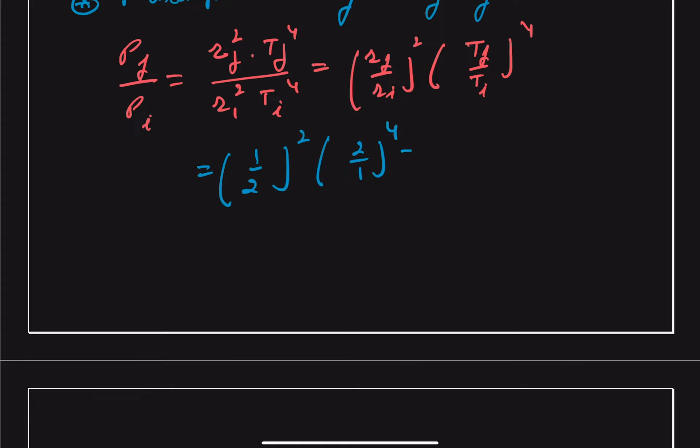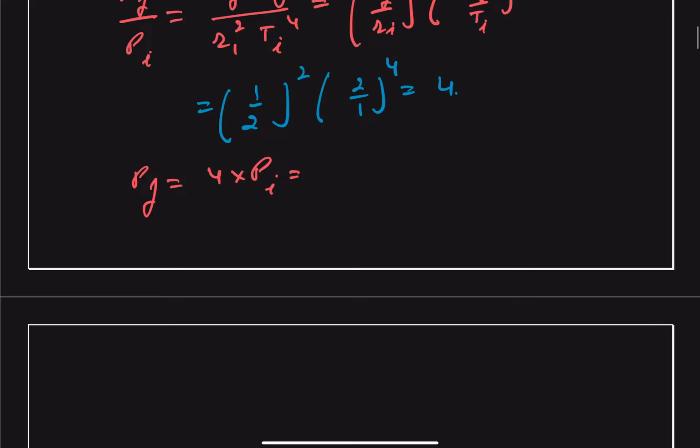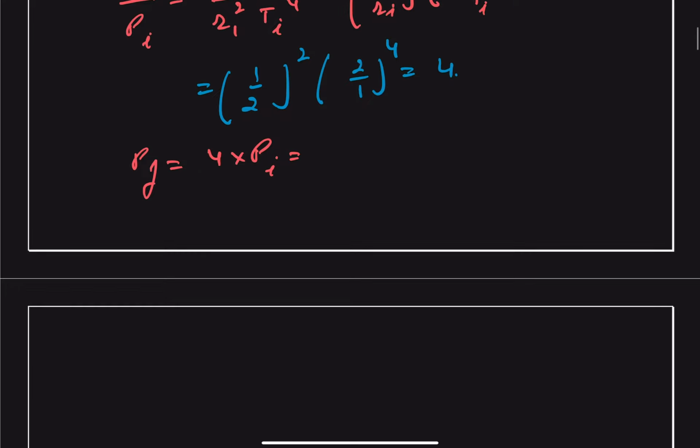Therefore, we can say final power will be equal to 4 multiplied by initial power, and initial power is given as, sorry, it is 450, which comes to 1800 watt.